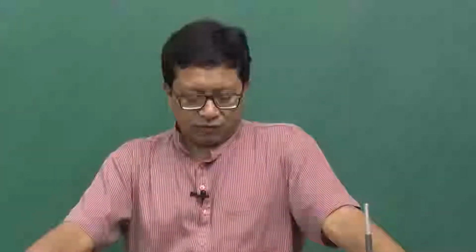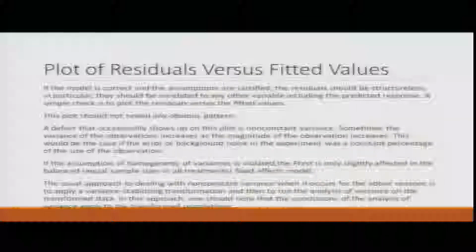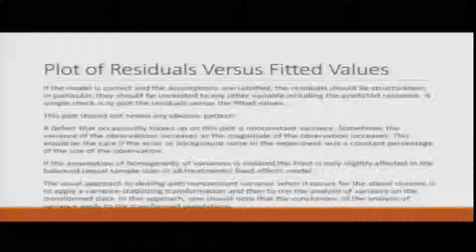If the assumption of homogeneity of variance is violated, the F test is only slightly affected in balanced, equal sample size, fixed effects models, but obviously in the unequal size, unbalanced model, the effect would be much more pronounced. The usual approach to dealing with non-constant variance when it occurs for the above reason is to apply a variance stabilizing transformation and then to run the analysis of variance on the transformed data.